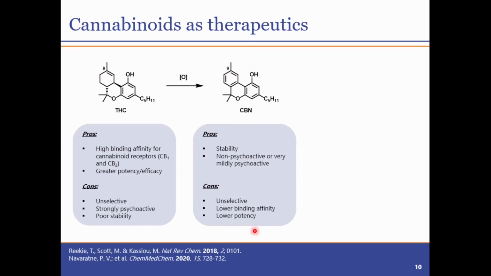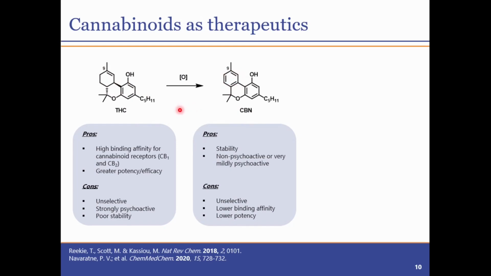And the reason that we're interested in CBN is because, if we compare the structures of THC, tetrahydrocannabinol, and CBN, CBN is essentially what we'd call an oxidation product of THC. If you compare their structures, they're very similar. The primary difference is that there is a cyclohexene ring in THC, whereas we have a benzene ring in CBN, so this is fully oxidized.